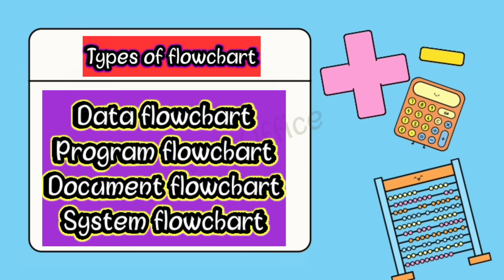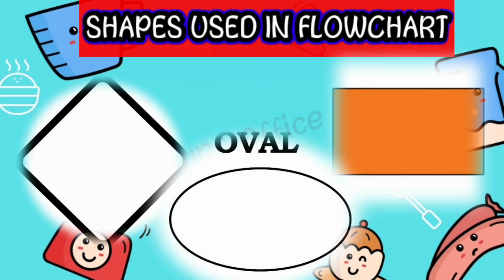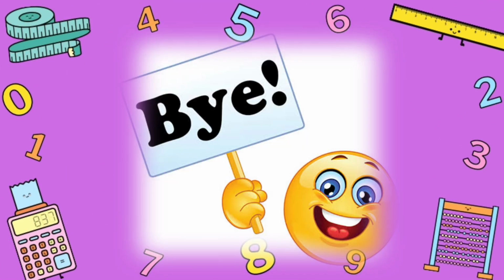These flowcharts, they have their own symbols. Then we also talked about shapes used in a flow chart. You can see we have the oval shape, which is known as the start and the end. We have the decision, then we also have the process shape.